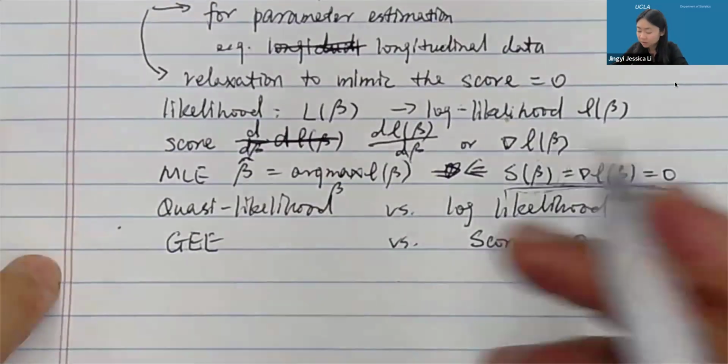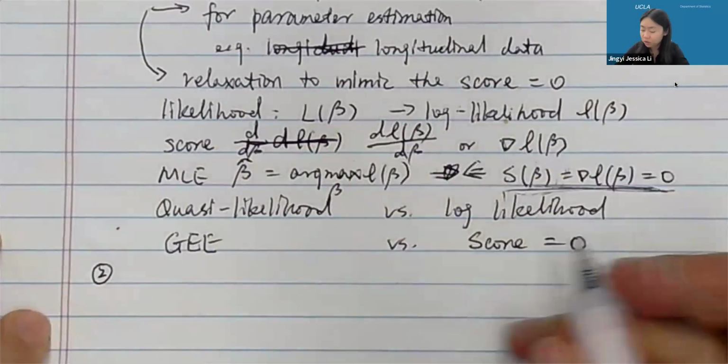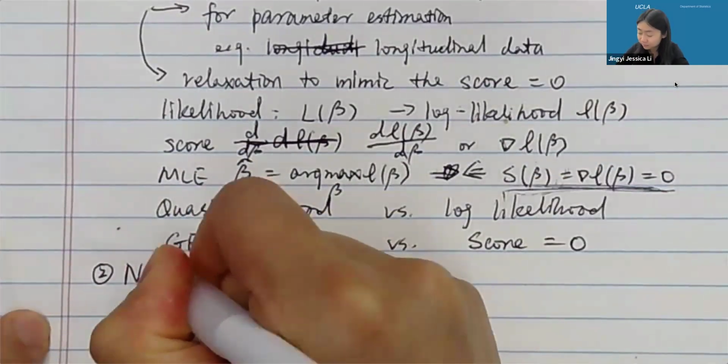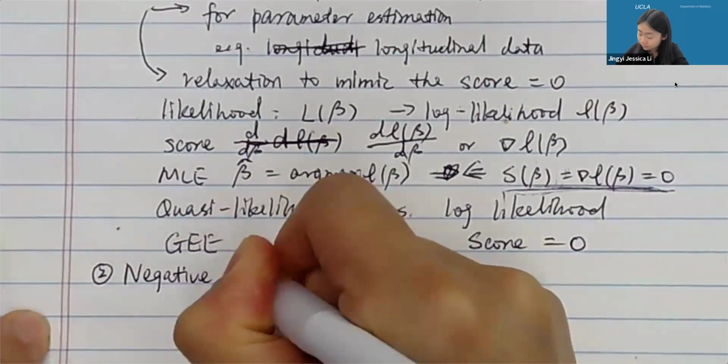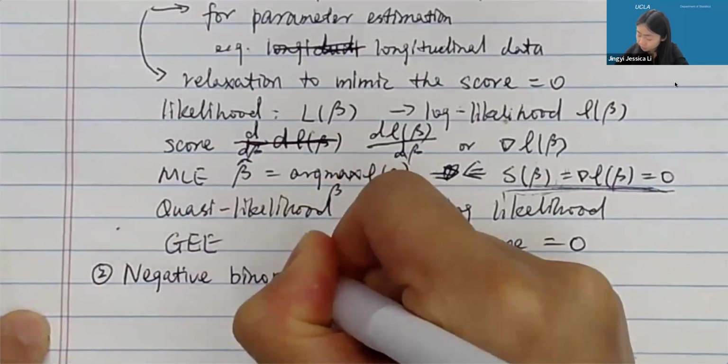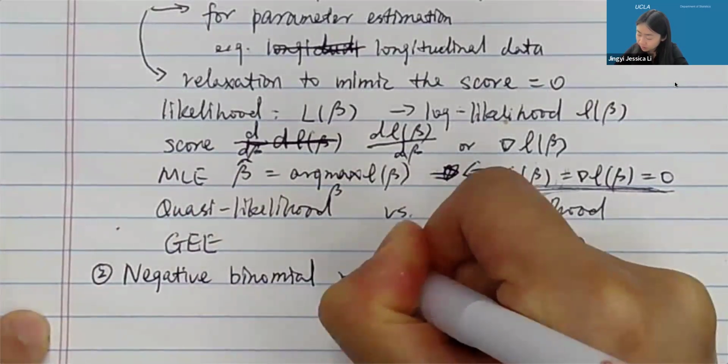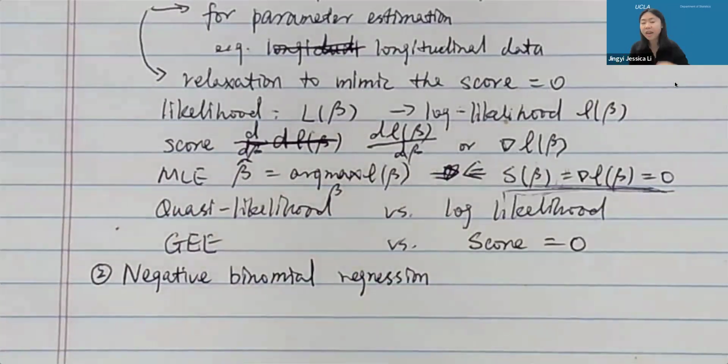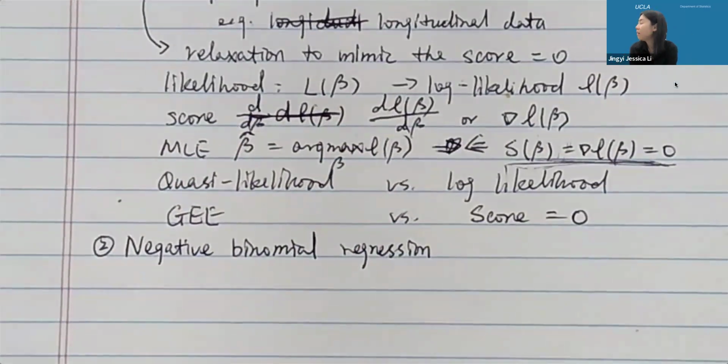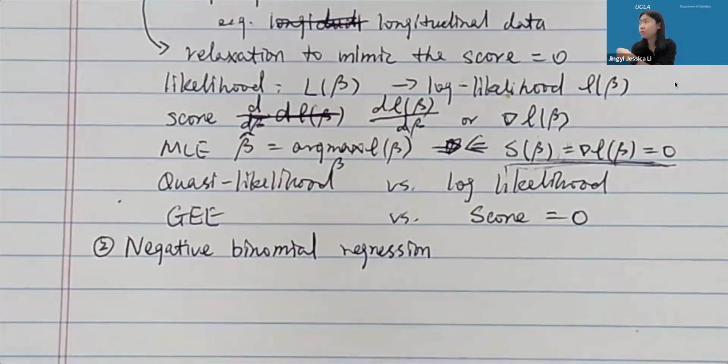And the second one to fix this over-dispersion issue is negative binomial regression. Here, instead of just changing the log likelihood to quasi-likelihood, we actually change the random structure.